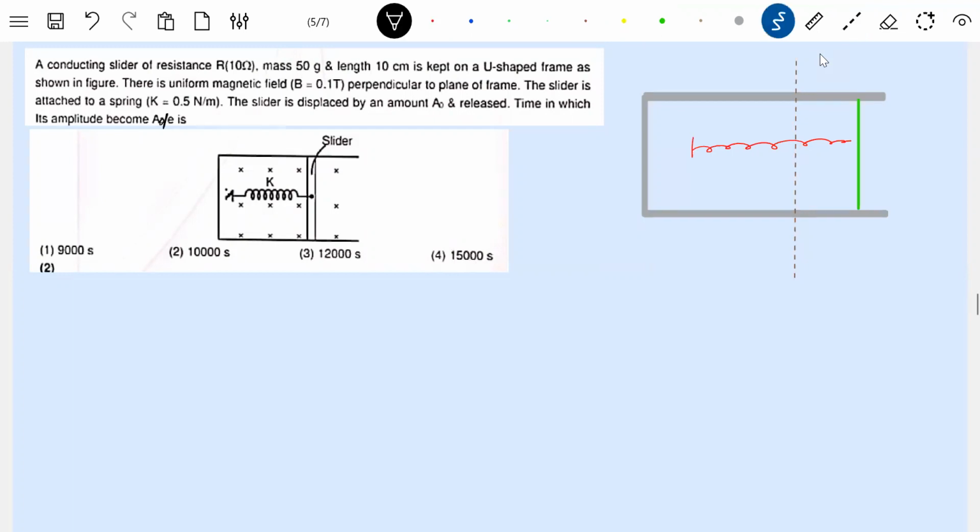I'm showing the displaced position. So then the spring force will act here. Then flux linking, negative flux decreases. d phi by dt positive, EMF induced negative. How the induced current in fact will flow in this direction.